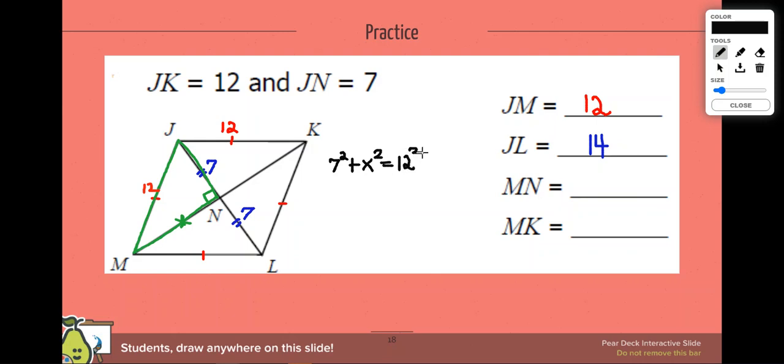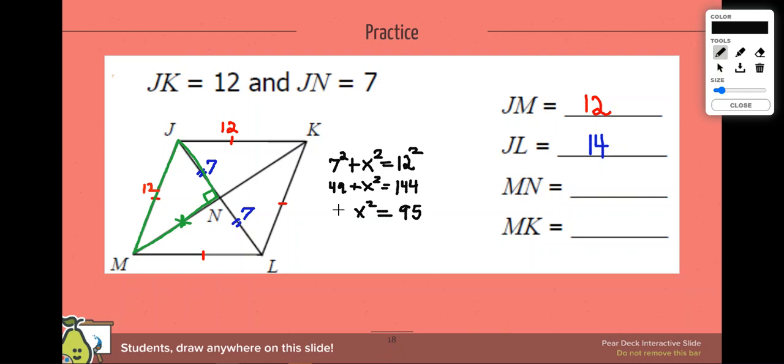So that's going to be 49 plus x squared is equal to 144. And we're going to subtract 49 from 144, leaving us with x squared is equal to 95.